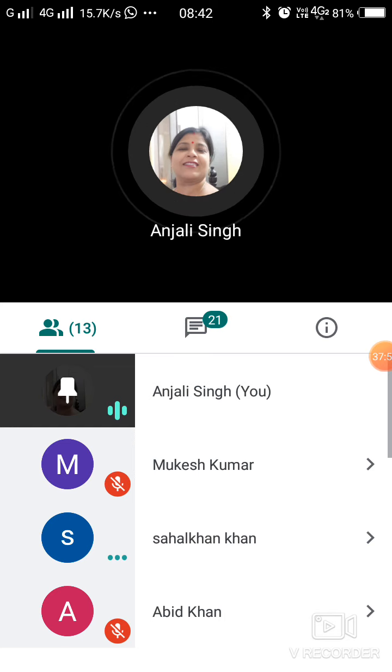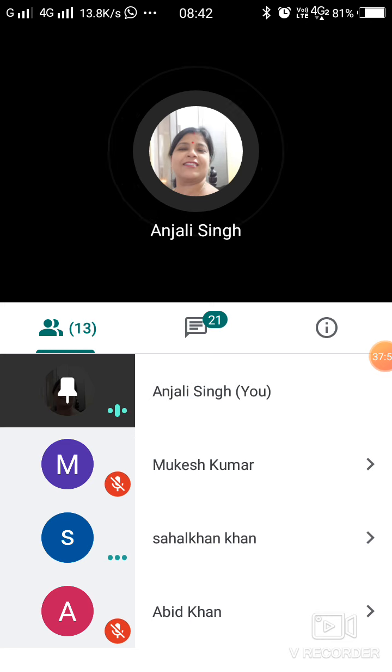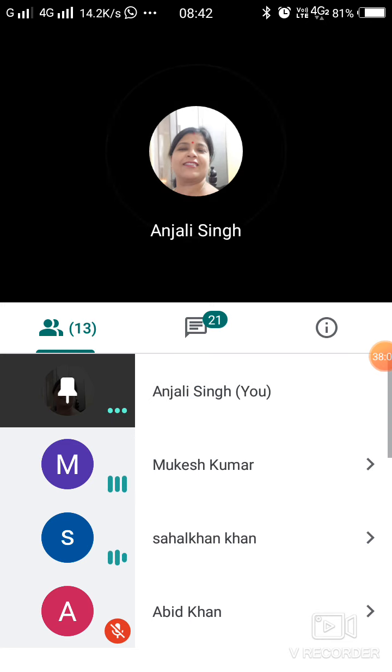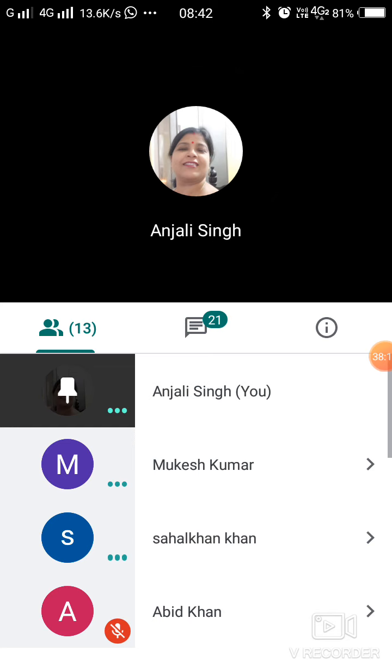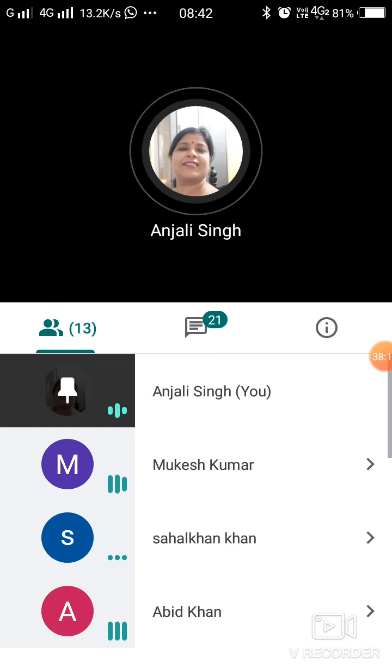Which one of these changes is a reversible change? Burning of candle, inflating of balloon, baking of chapati. Inflating of balloon is a reversible change. Very good. Which one is an irreversible change? Growth of a child. Very good.